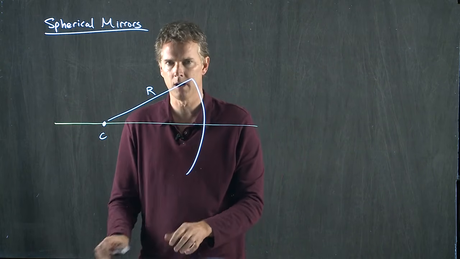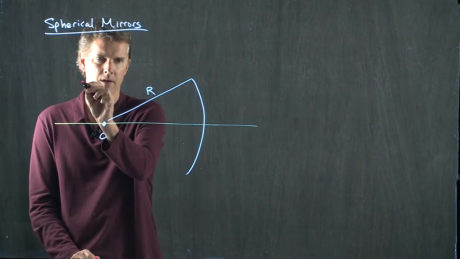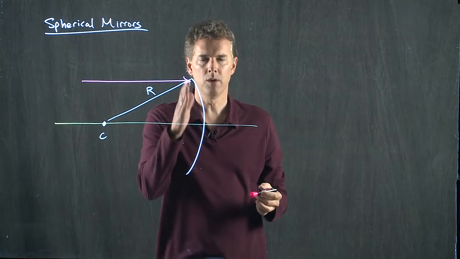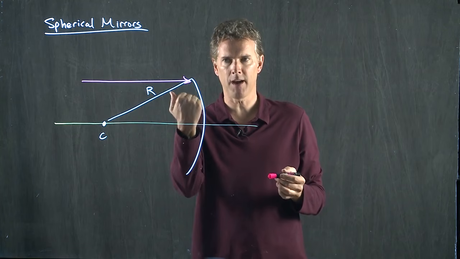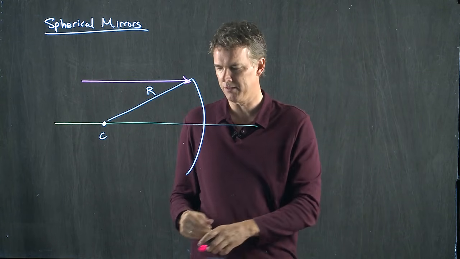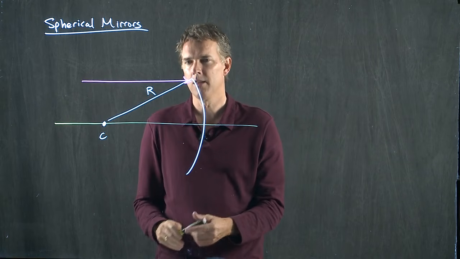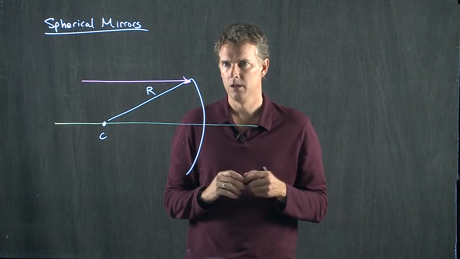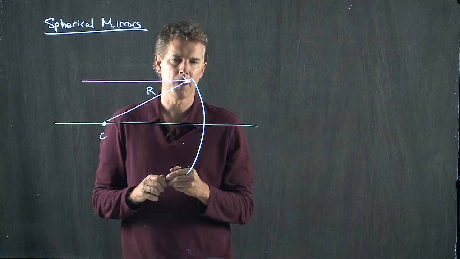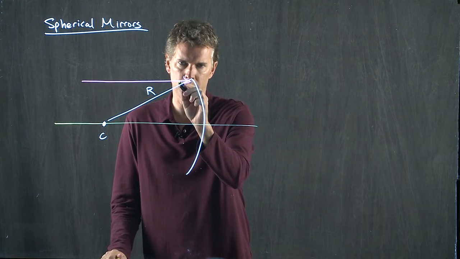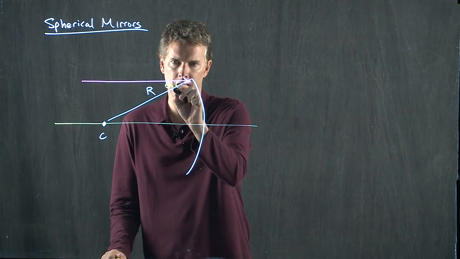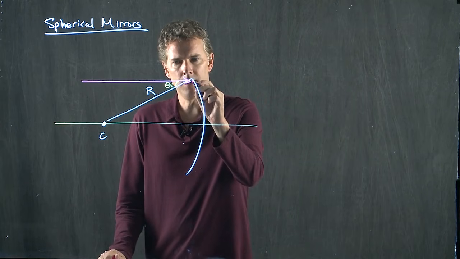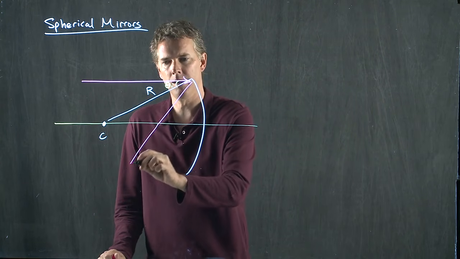Well, when a ray comes in here, it is of course going to hit the mirror and bounce off at the exact same angle as it came in at. But that angle is relative to the local surface, and so we have to worry about this angle right here. This is your theta I. If that's your theta I, then this is your theta R. Okay?